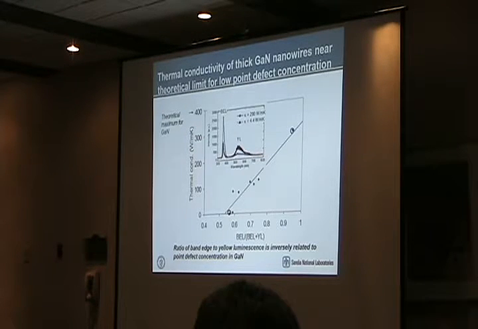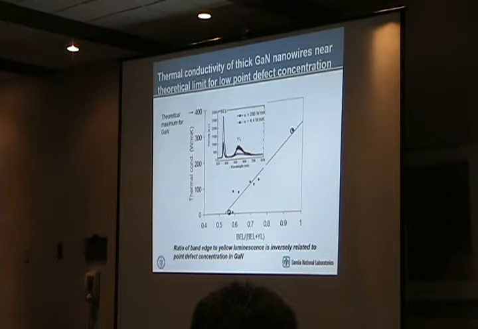But for these nanowires, I found virtually no correlation with the diameter, meaning that once you get above 300 nanometers, it doesn't affect the phonon mean free path. Because the phonon mean free path must be a lot smaller at room temperature, maybe at lower temperature. So if I could partner with somebody where we could do it at lower temperature, I would certainly like to do that. But at this level, there's no dependence on the diameter.